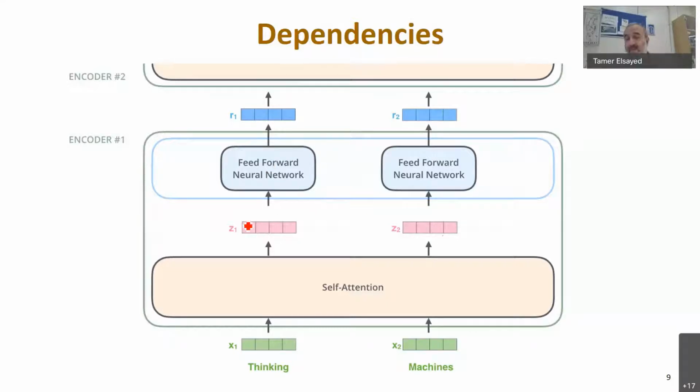This is very important in terms of scalability and efficiency of using the transformer. It can scale because we can parallelize this on multiple cores or multiple machines if we need to. So this is a note about dependency.